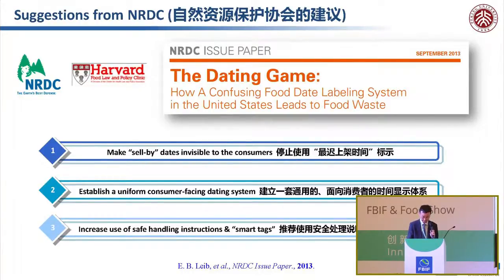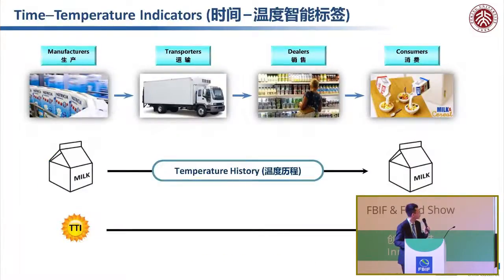And the TTI technology I will be discussing today is a kind of smart tag. Here's a slide to show how the smart tags work, how the TTI works. As we discussed earlier, the temperature history during the delivery chain is a key factor that influences the quality of the product.